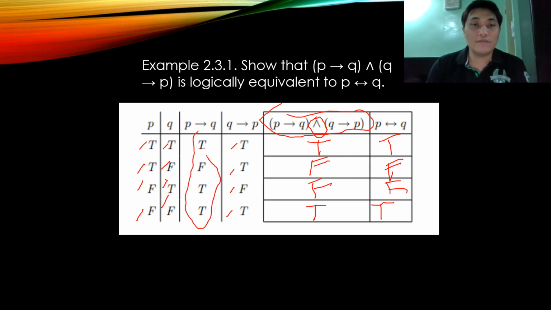They don't have the same truth values as this statement P is equivalent to Q. Suppose P implies Q and Q implies P is false and P is equivalent to Q is true. So this is false, this is true.